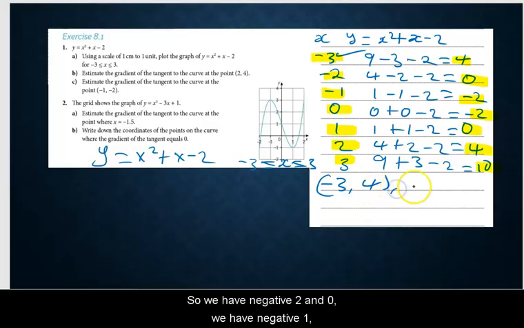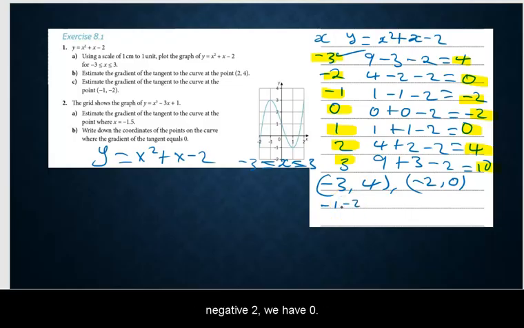So we have negative 2 and 0. We have negative 1, negative 2. We have 0, negative 2. We have 1, 0.